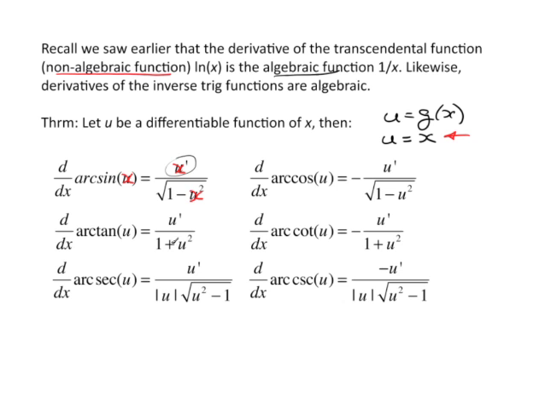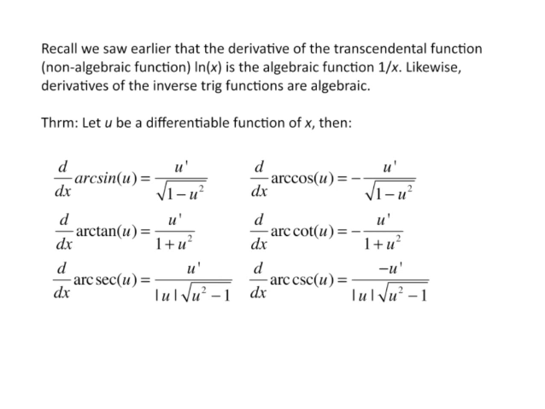But x prime is just 1, so I can eliminate that and simply write 1. So the derivative with respect to x of arcsine of x is 1 over the square root of 1 minus x squared. With the scenario where u is a function of x, that's when I need to be concerned about the u primes up here. And that applies to every single one of these.